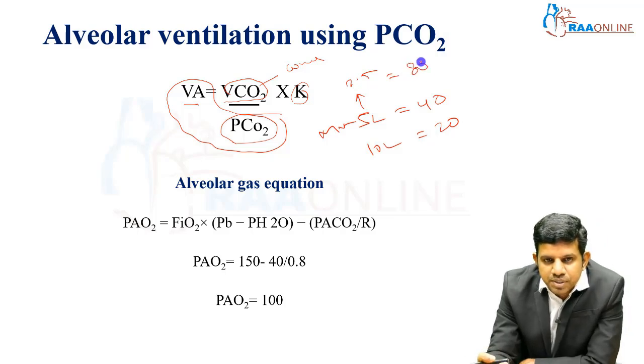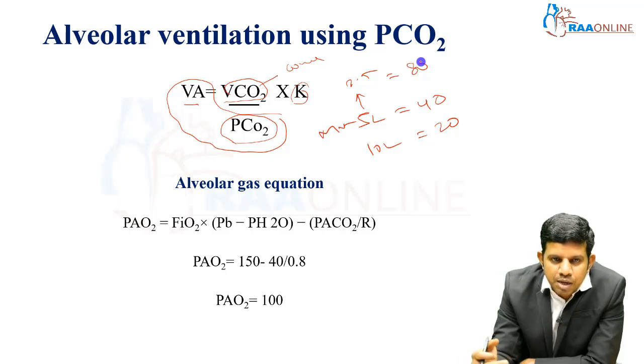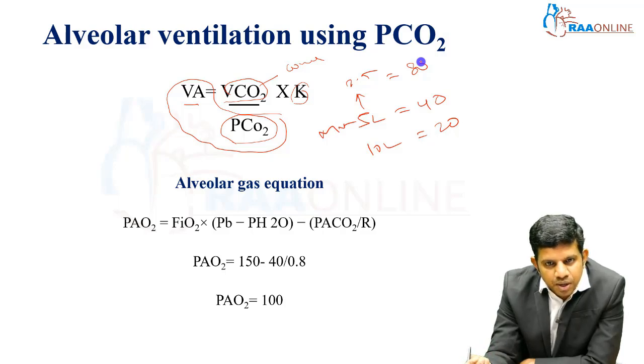So a 50% drop in minute ventilation is going to double the PCO2 level. In hypoventilation, my alveolar ventilation decreases, so PCO2 will rise.